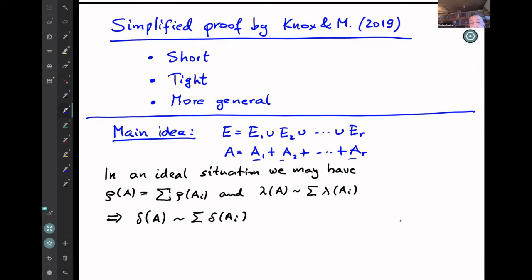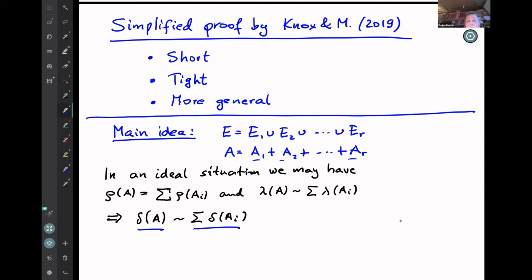Certainly, it's never bigger, but you may have that also the smallest eigenvalue is close to the sum of the smallest eigenvalues of these. And in that case, the spectral gap would be roughly the sum of the spectral gaps.